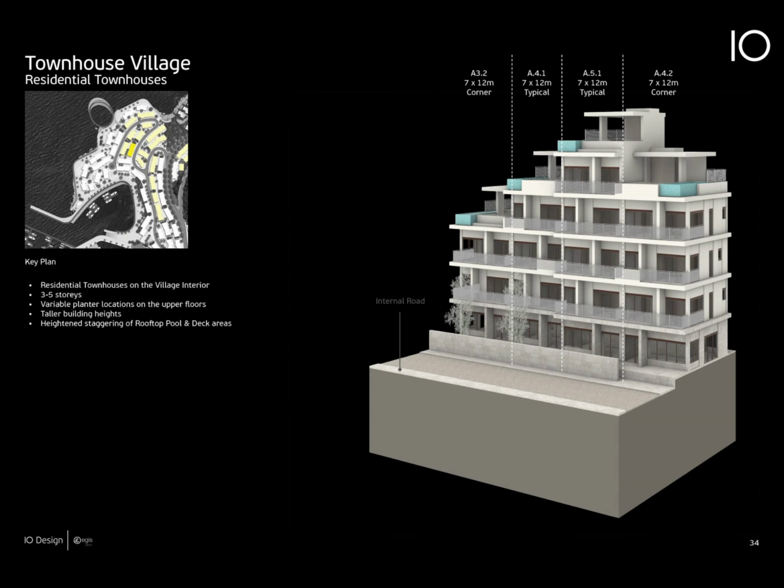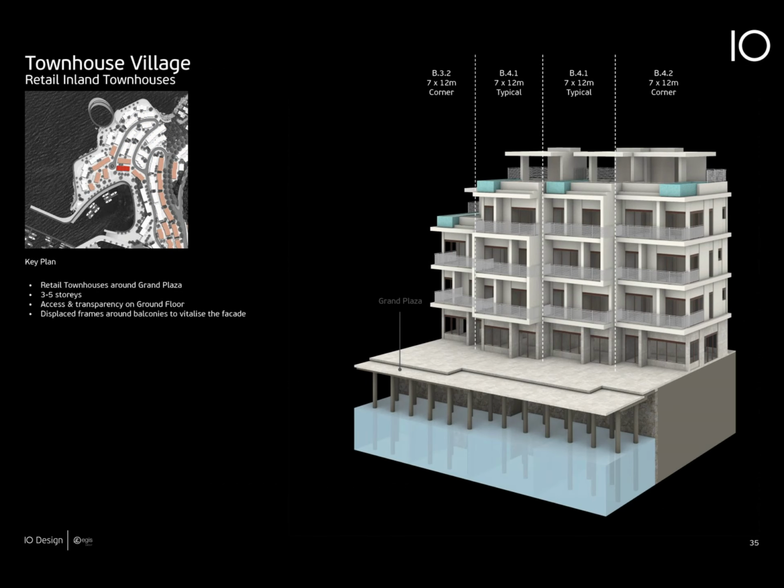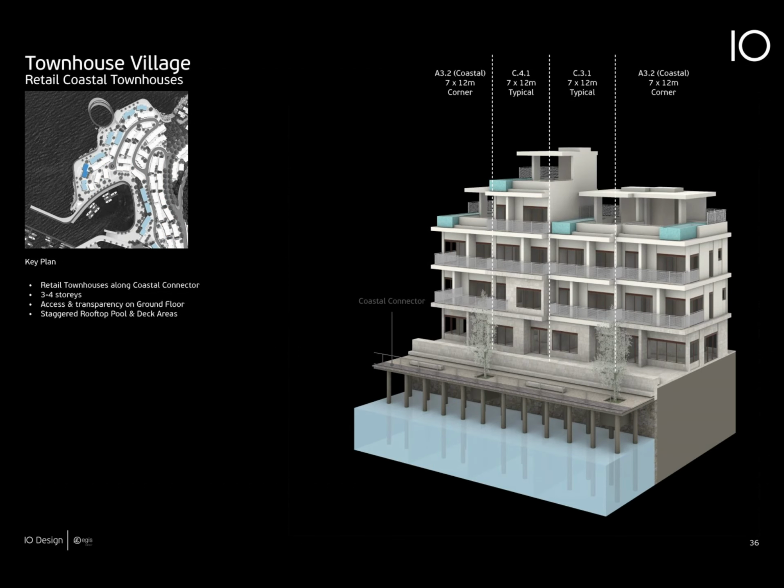So this shows a combination of residential modules, very similar, but keeping that variety again. And then the same exercise was done for the retail townhouses around the plazas and pedestrian thoroughfares, and then the same exercise for the seafront townhouses with retail on the bottom.